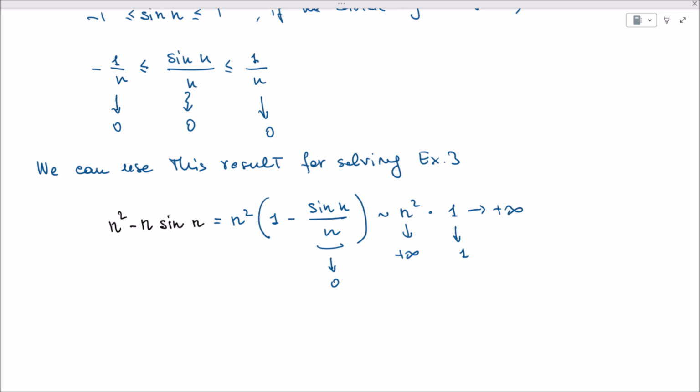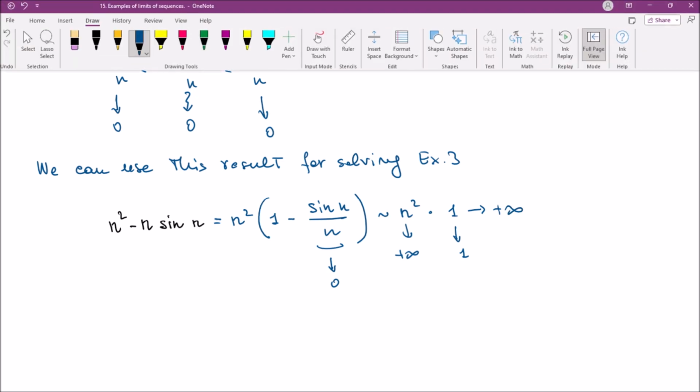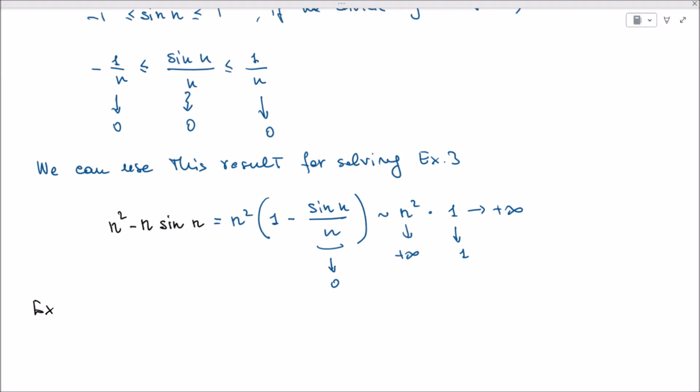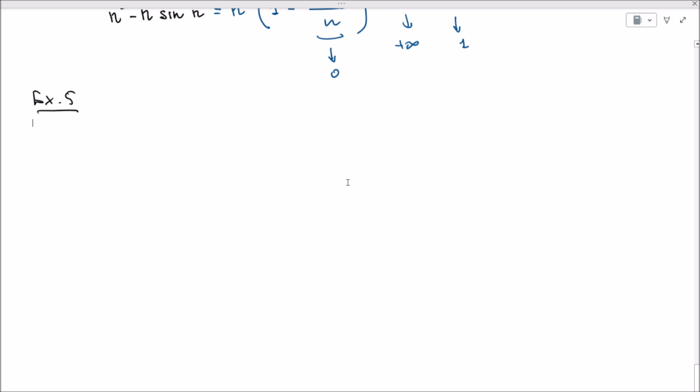so clearly this will go to plus infinity. Let's consider now a little bit more involved example 5. Let's consider the sequence sine of logarithm.